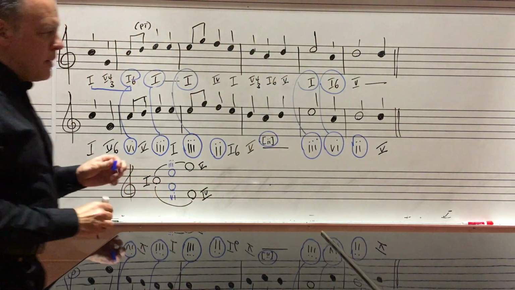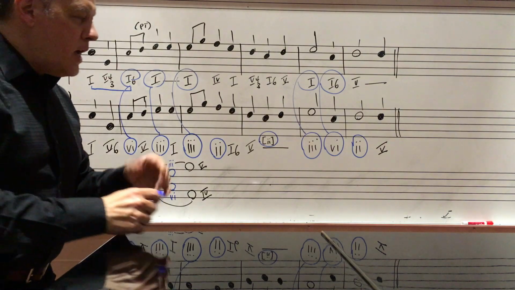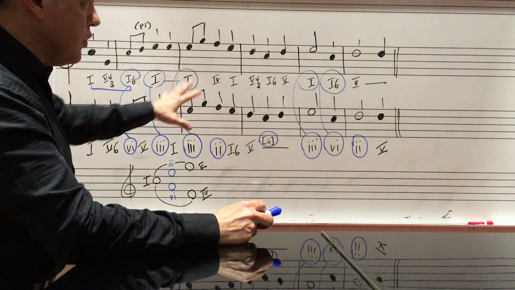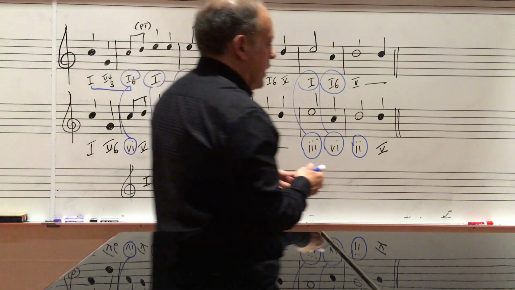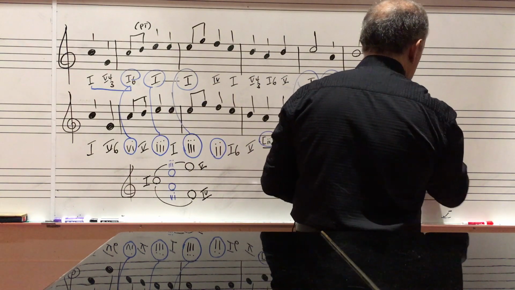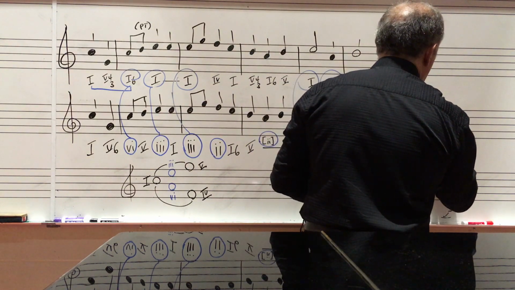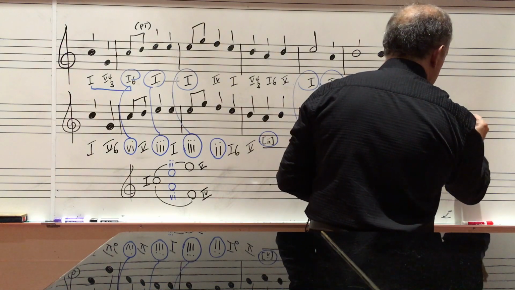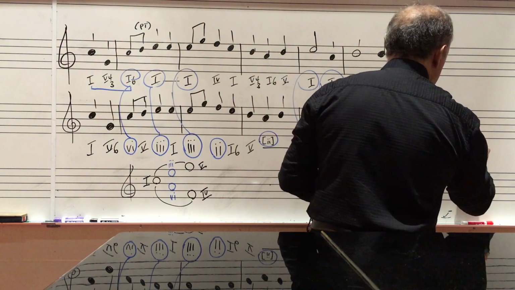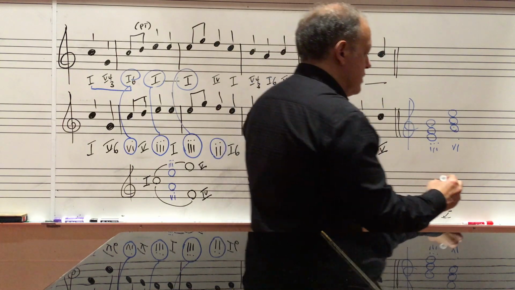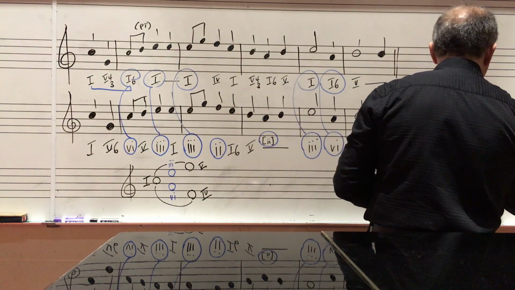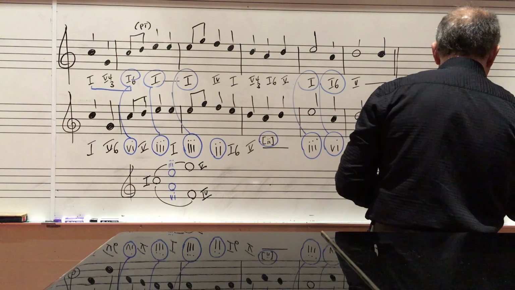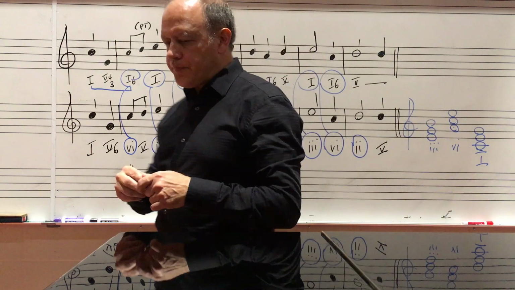Now what's striking about that, of course, is that if I'm in the key of C major, which I am here, a mediant chord would be E minor, a submediant chord would be A minor, and these of course are completely different from tonic harmony, which is major in quality.